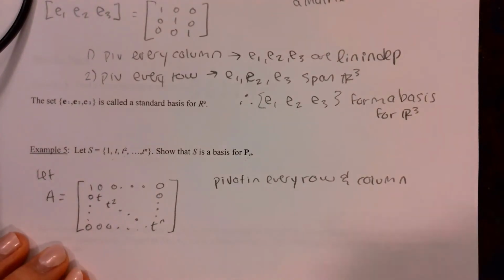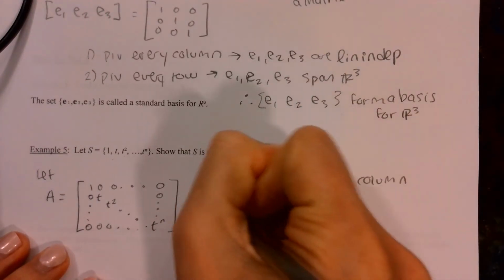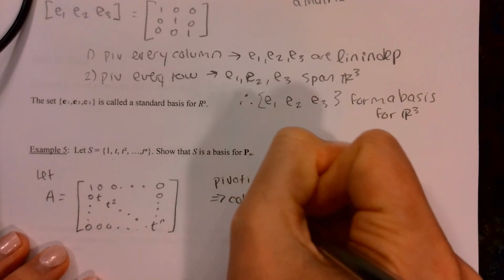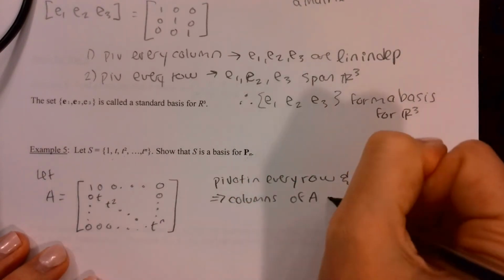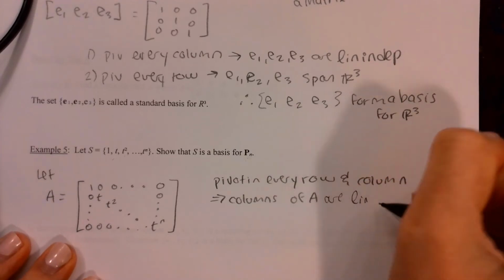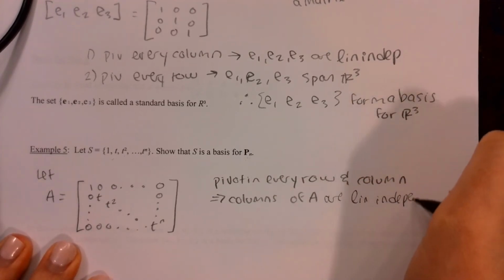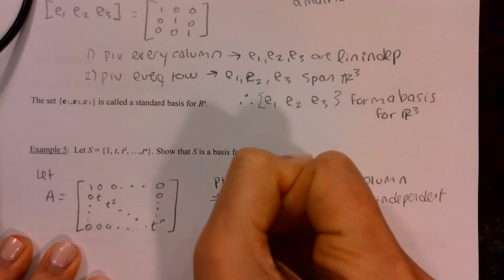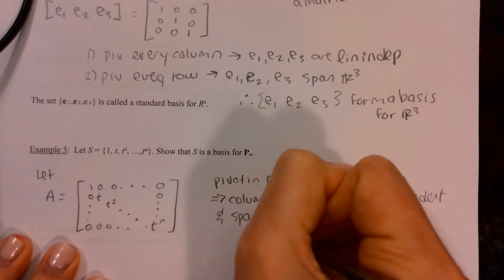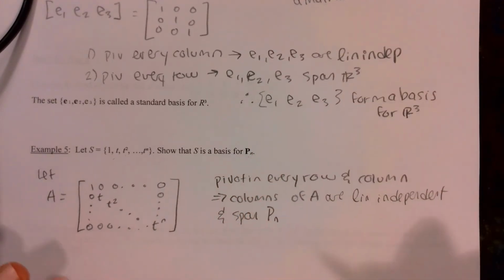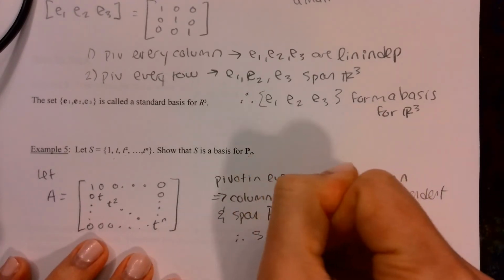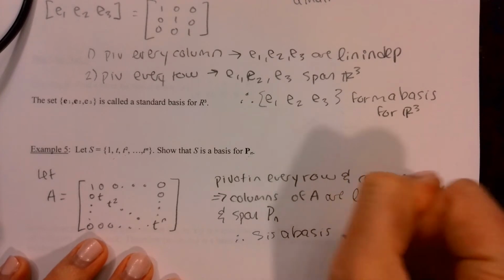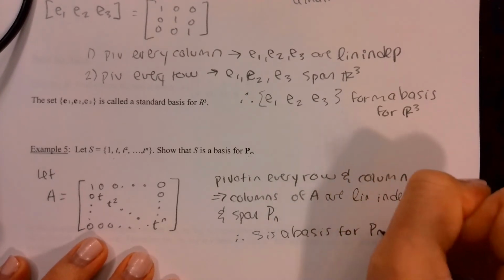Which means the columns of A, each of these elements, are linearly independent and span all polynomials of up to degree n. Therefore, S is a basis for Pn.